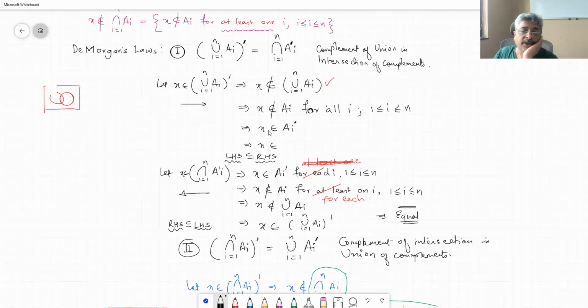So therefore x belongs to Ai complement for all i, 1 less than or equal to i less than or equal to n. Therefore x belongs to the intersection of all i goes from 1 to n Ai complement. I think now it is correct. Therefore LHS is a subset of RHS. Now let us write down the second part.